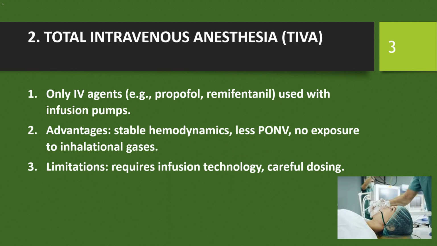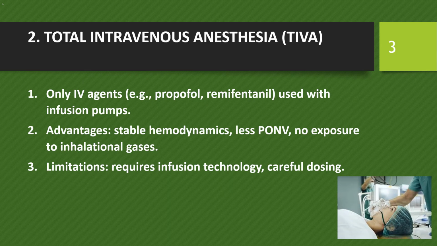2. Total intravenous anesthesia, TIVA. 1. Only IV agents used. TIVA involves using only intravenous agents, such as propofol and remifentanil, to maintain anesthesia. 2. Advantages: stable hemodynamics, less PONV, no exposure to inhalational gases.